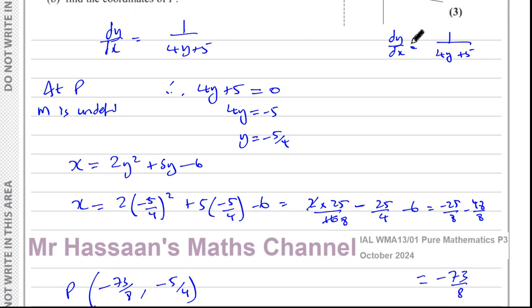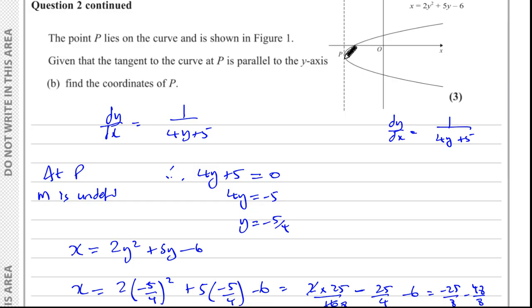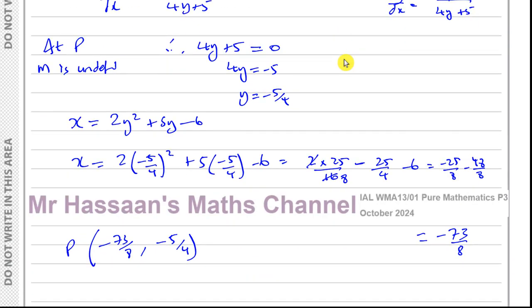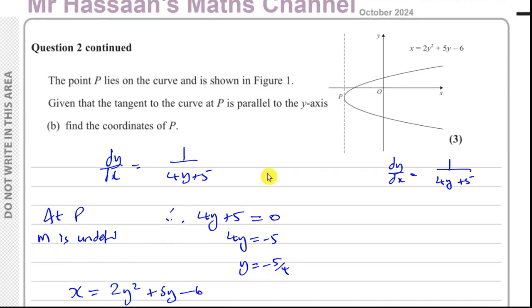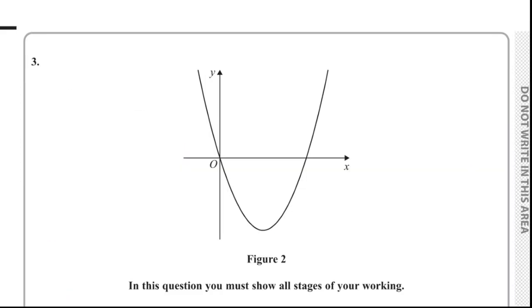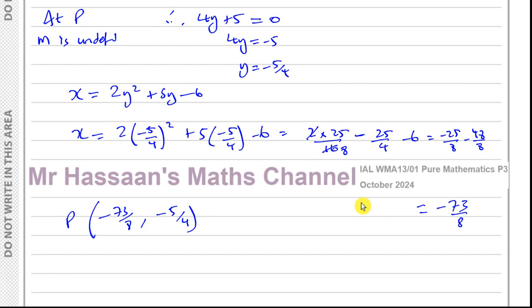They're both negative, and that looks about right to me. And there we have the answer to part B. I think that's the end of the question. Yes, so there's the answer to part B.